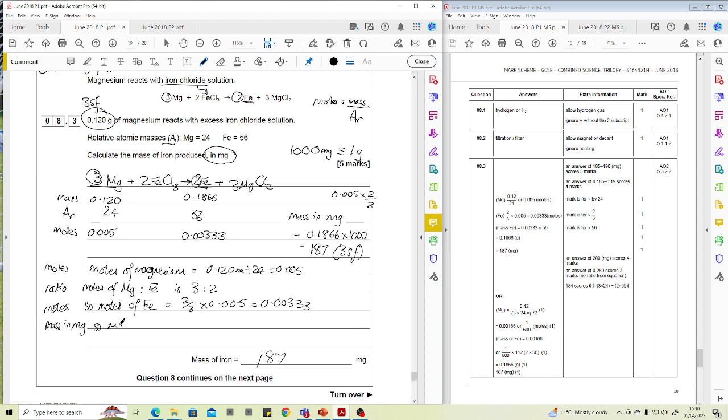So mass of Fe is 56 times 0.00333 in grams, and mass in milligrams equals 187.